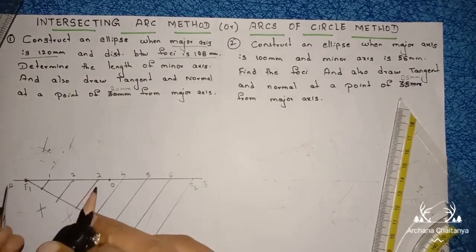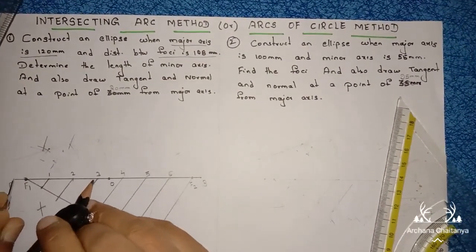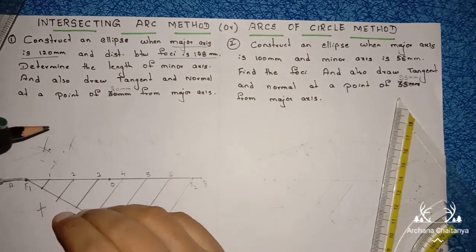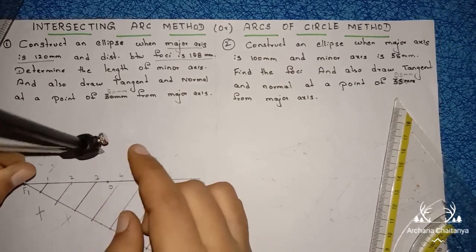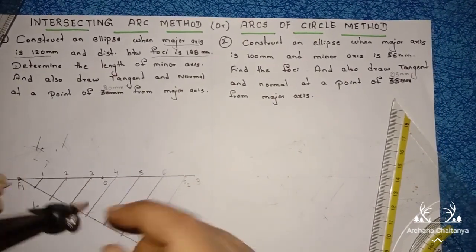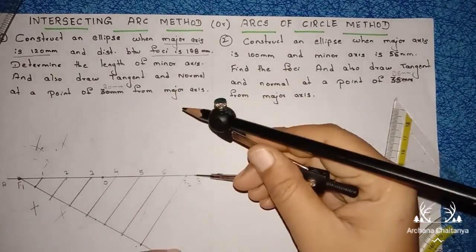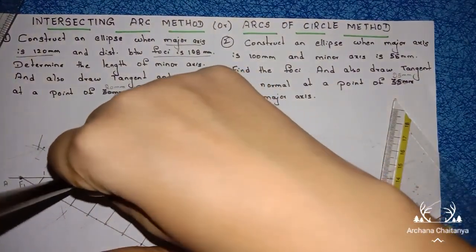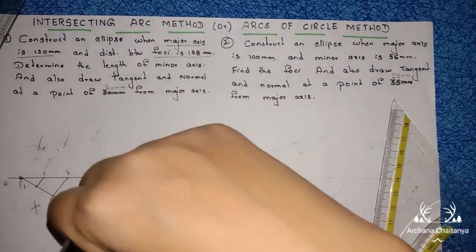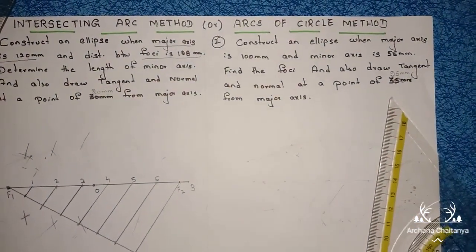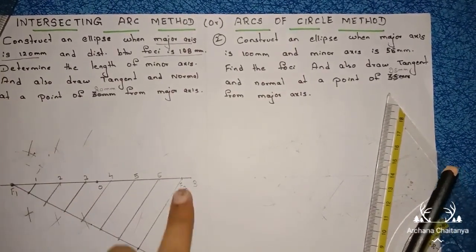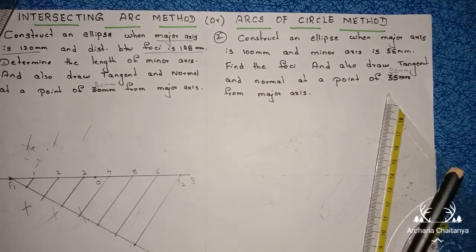In the same process, A3 radius, F1 center, draw an arc above and below. How to cut this one? B3 radius, F2 center, cut the previous arc. Like that, A4 radius, F1 center, B4 radius, F2 center.